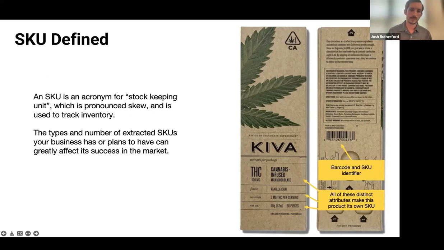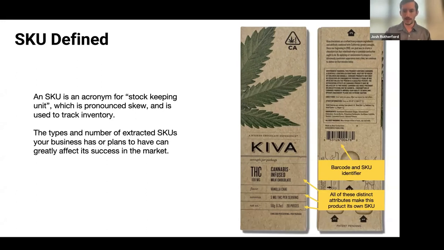Instead of saying just cannabis infused, you could say a CBD THC infused milk chocolate if it had CBD and wasn't just a 100 milligram THC edible. The strength per package is really important, as well as what flavor you're going to have clearly identified, and the spacing is also very important. So when the budtender is discussing this with the client, they hone in on these key components.